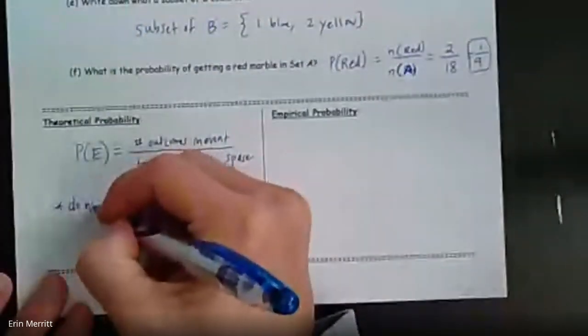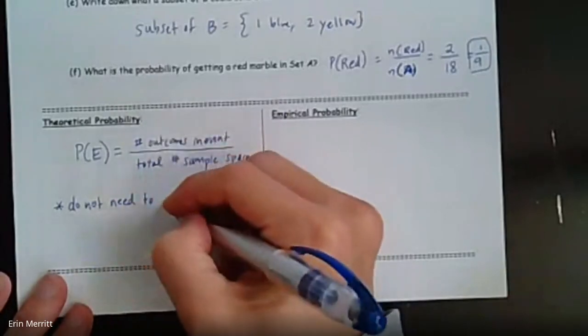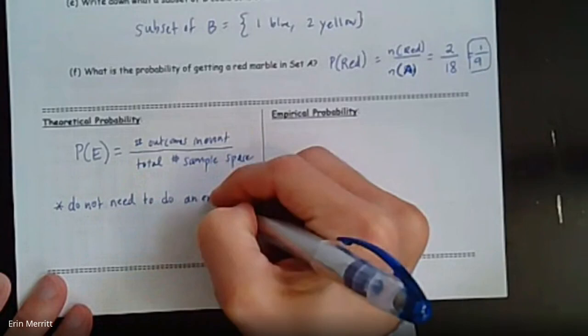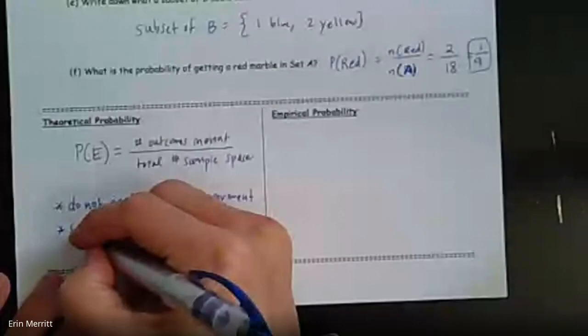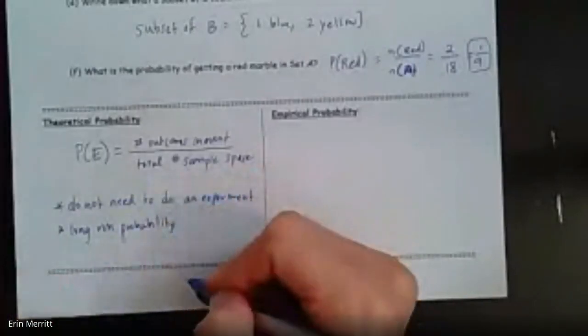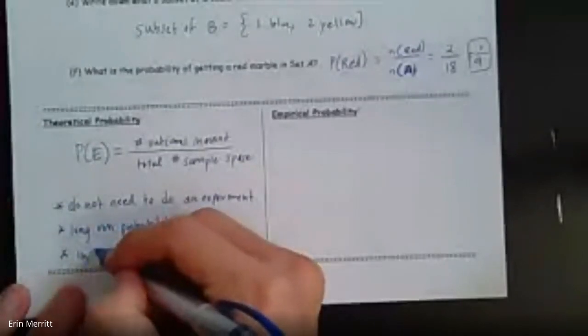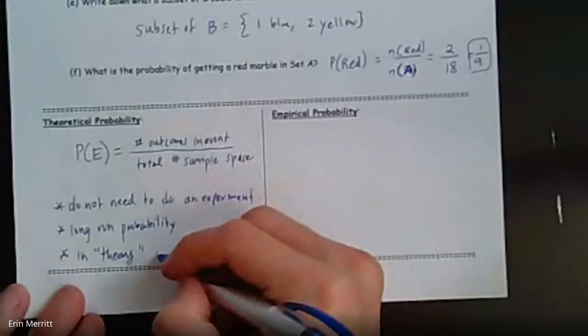So the thing I need you to know here is you do not need to do an experiment to know this. It's what's called the long run probability. Right, that in theory, over time, that's what the probability should be equal to. In theory, this is the probability of the event.